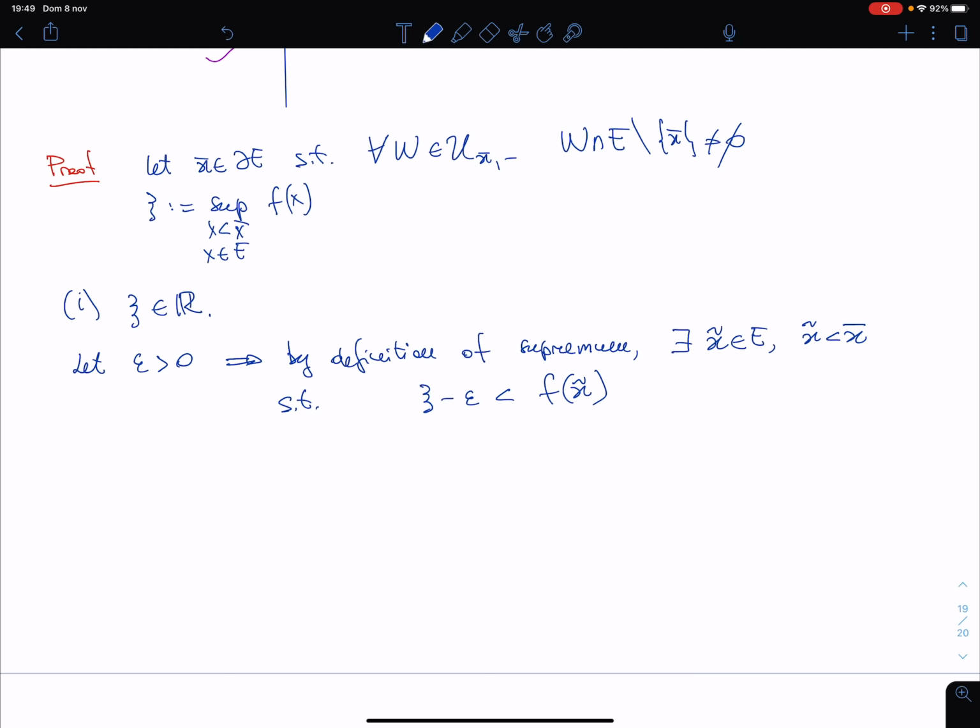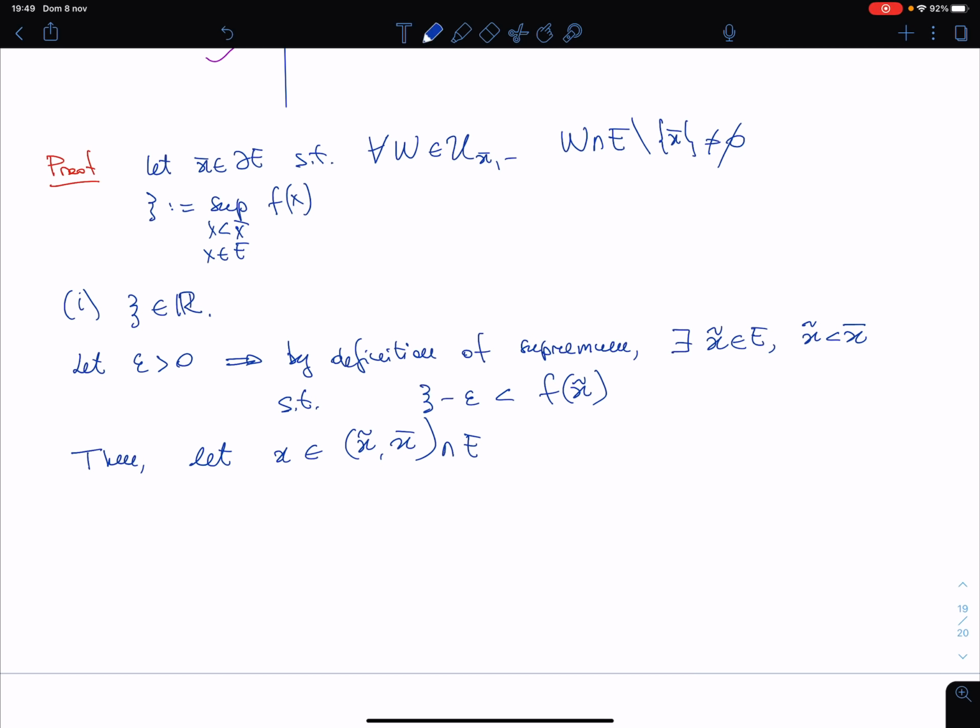Moreover, let x be in the set between x tilde and x bar, and of course in E. Again, this set is not empty because x bar is a left accumulation point of the set E.